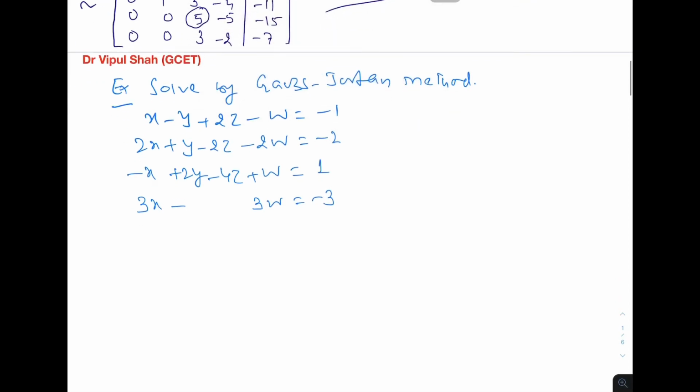Okay. So let us now solve by using Gauss-Jordan method.